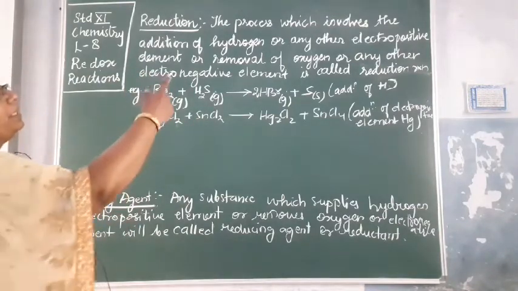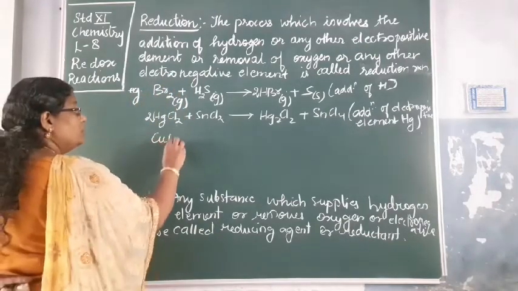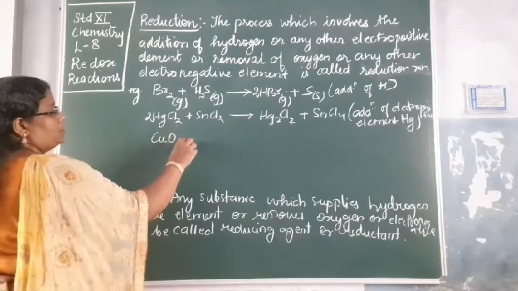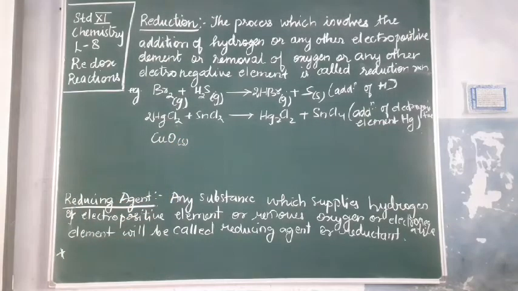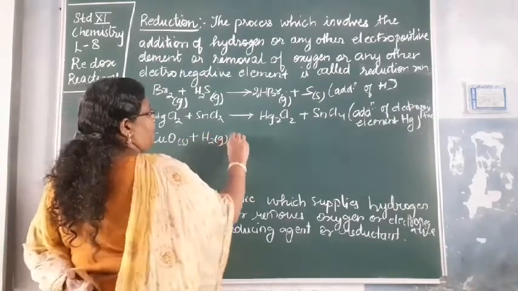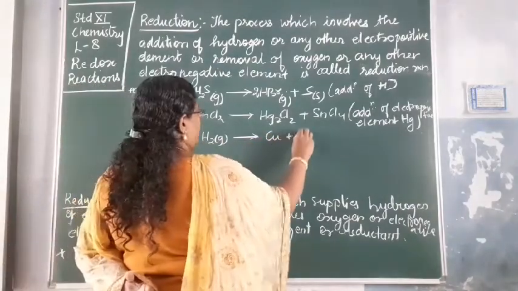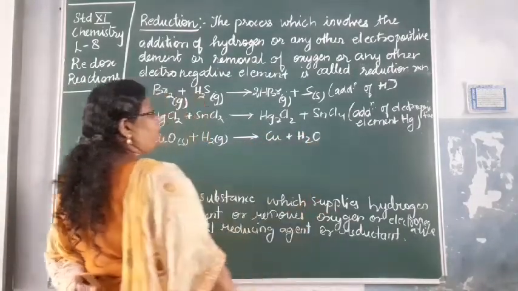अब नेक्स्ट क्या बताया? रिमूवल ऑफ ऑक्सीजन. So removal of oxygen also takes place, that is CuO. Suppose it is being treated with hydrogen gas. So what will happen? Here oxygen will be removed from Cu, giving you H2.